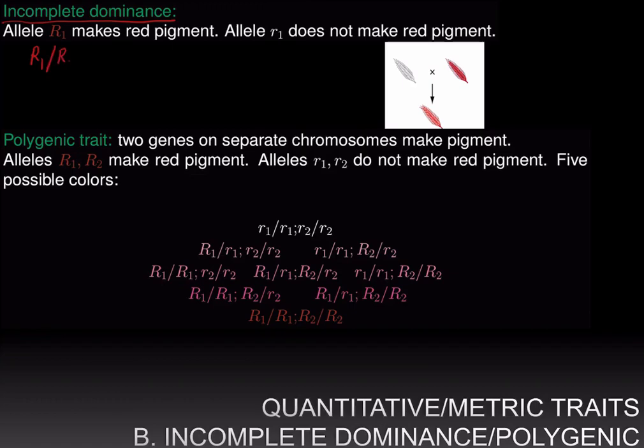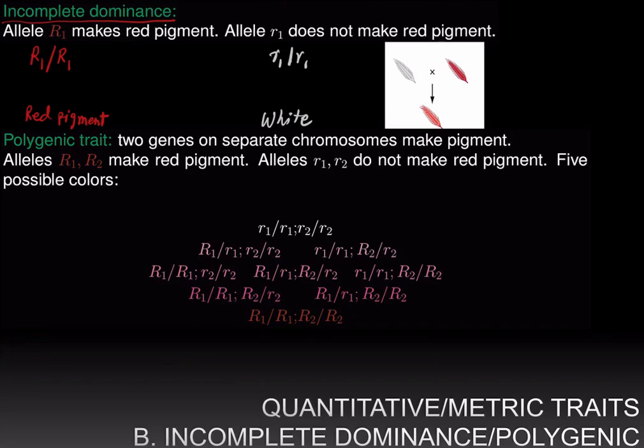So if you are homozygous for two big R1 alleles, then you have red pigment and you are a red kernel. On the other hand, if you are homozygous for the little r1 allele, you don't have any alleles that make the pigment, and therefore the wheat kernel is going to be white in color.